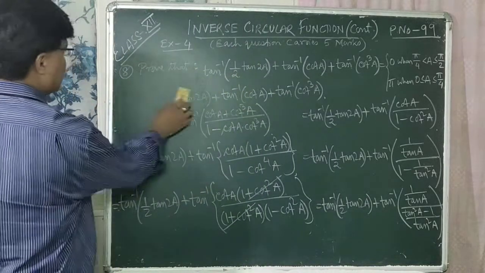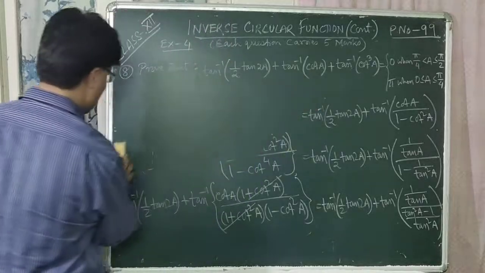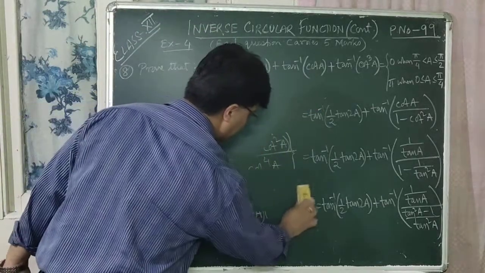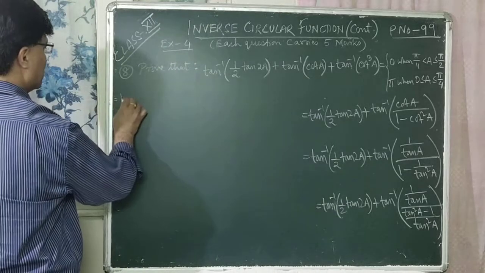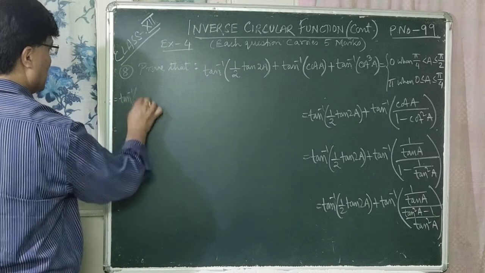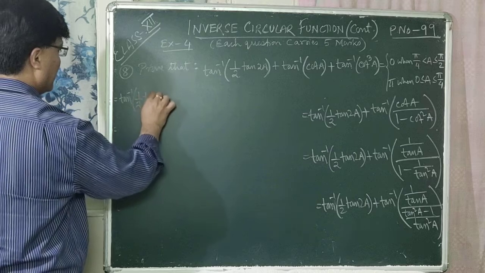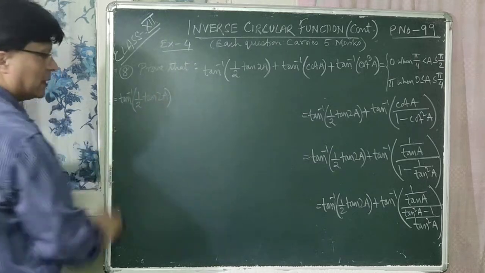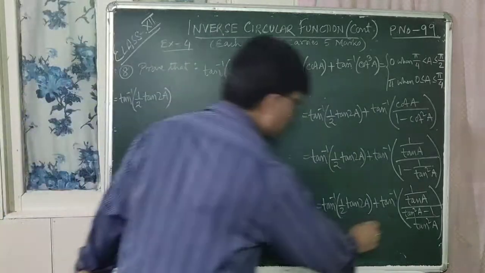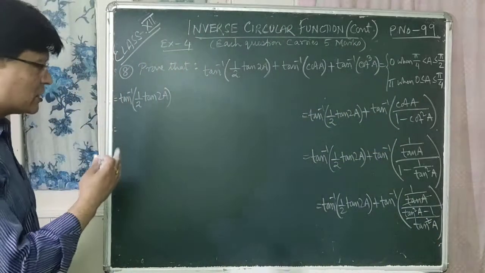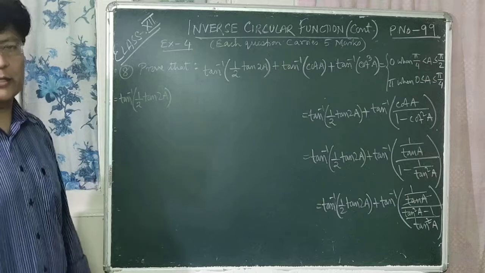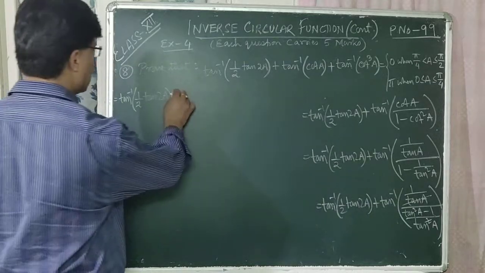So now again let us simplify it. So which is equal to tan inverse half tan 2a, right? So here you can cancel tan a, and the square gets cancelled. So when this denominator goes up in the numerator, it becomes upside down, isn't it?